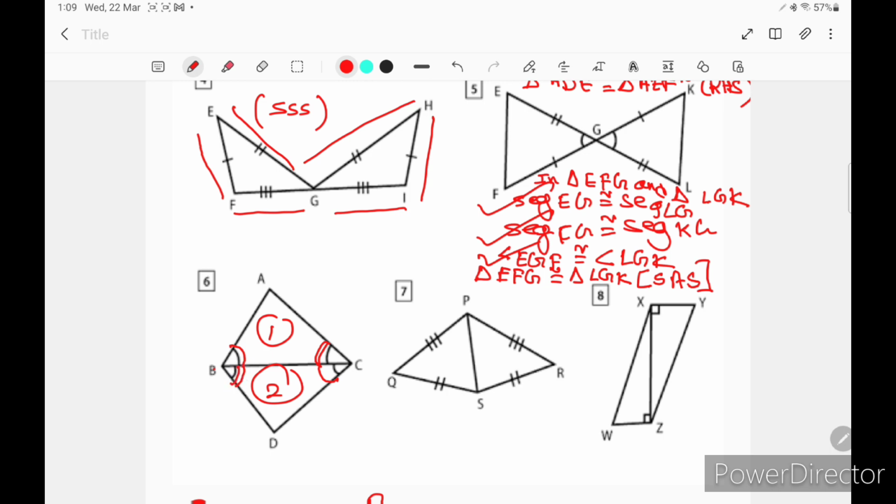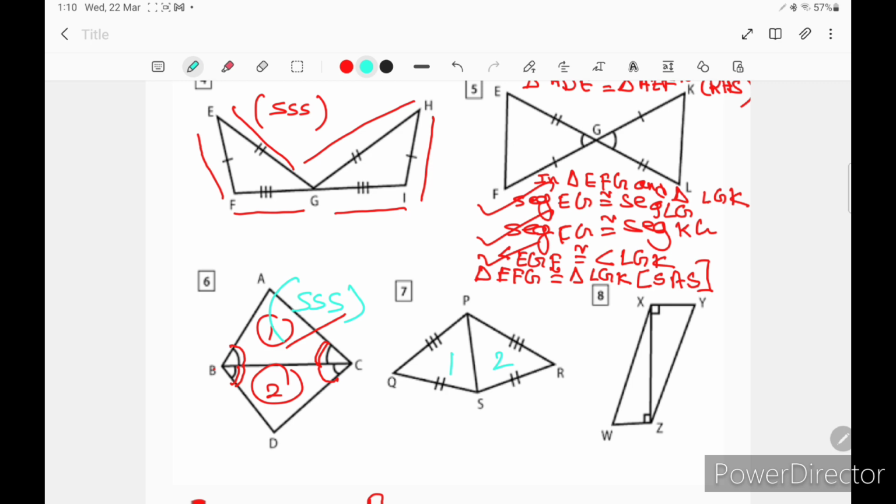Is that clear? That means angle ABC is congruent to angle DCB, and angle ACB is congruent to angle DBC, and there is one common side BC, common in both the triangles. So this will be congruent by which property? By SSS property.